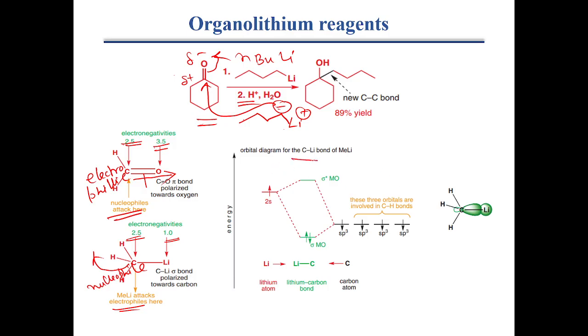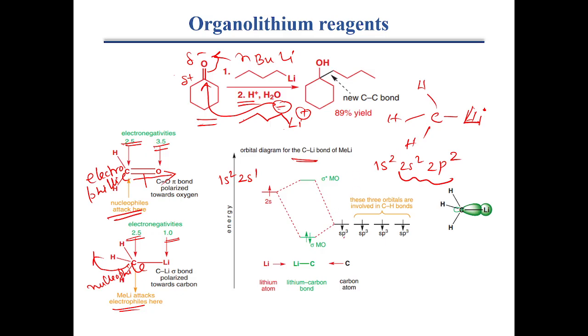If we consider the molecular orbital diagram of the carbon-lithium compound, lithium has 1s2, 2s1, and carbon has 1s2, 2s2, 2p2. Considering sp3, carbon forms four sp3 orbitals, as in a carbon-lithium bond.